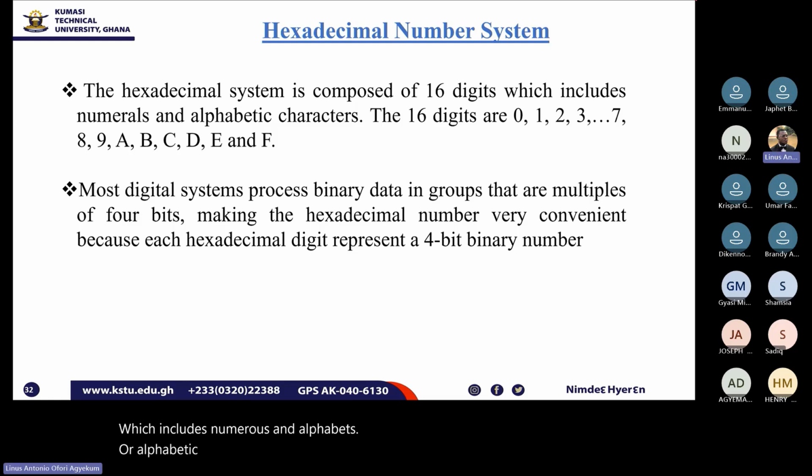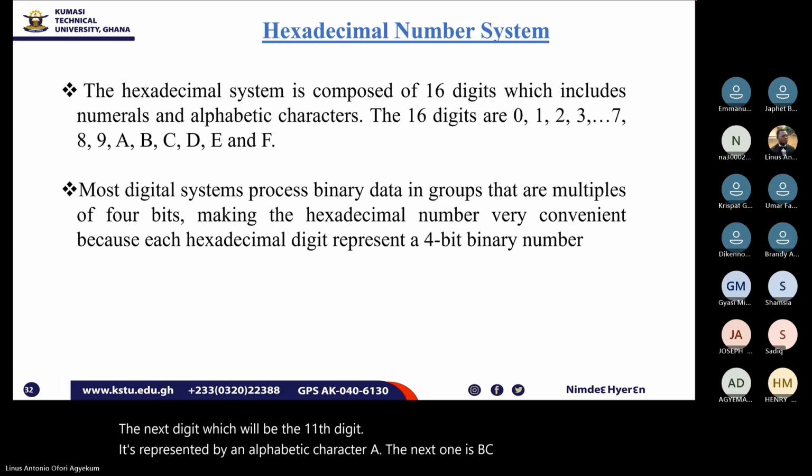Now, these 16 digits are 0, 1, 2, 3, 4, 5, 6, 7, 8, 9. The next digit, which will be the 11th digit, is represented by an alphabetic character A. The next ones are B, C, D, E, and F.